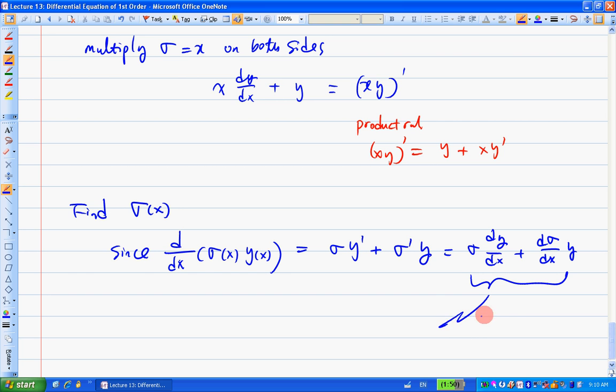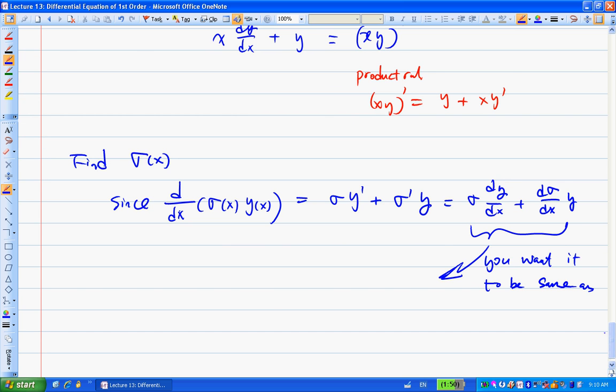You want this to be the same as which term? The same as sigma x multiplied by dy over dx plus sigma x p x and then y.